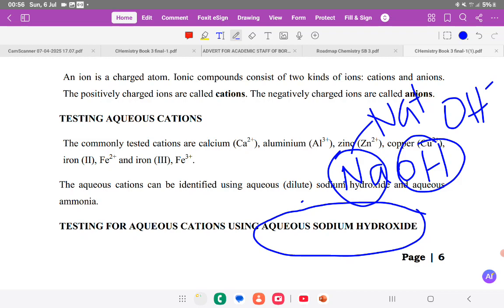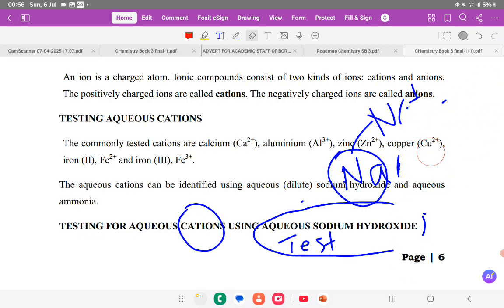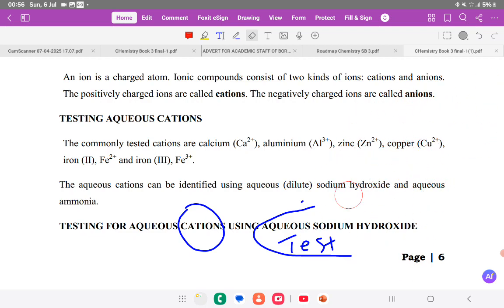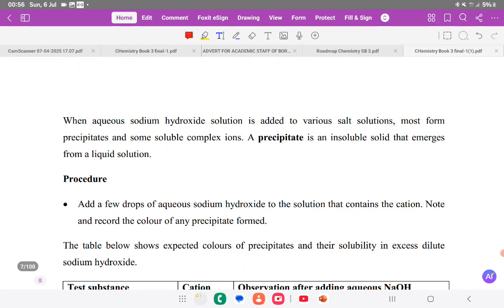So this is used as a test reagent, a test substance, the one that is used for testing for the presence of positively charged ions, which are called cations. So how is this done? I'll show you how this is done so that you can also repeat the same in your practical exams.